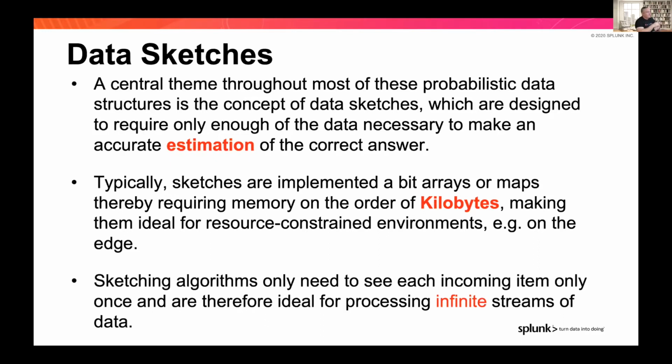Again, they're ideal for resource-constrained environments. And they only need to see each incoming data item once, and are therefore ideal for processing infinite streams of data. They do not require you to go back and process data again to give you an average. Once you've seen the data one time, that's sufficient for you to have an accurate calculation based on using the data sketch.